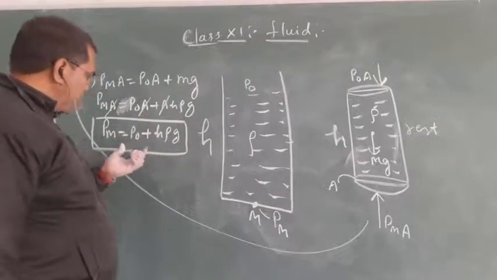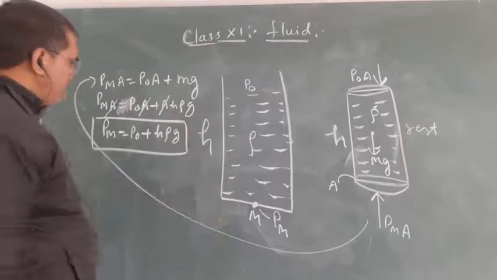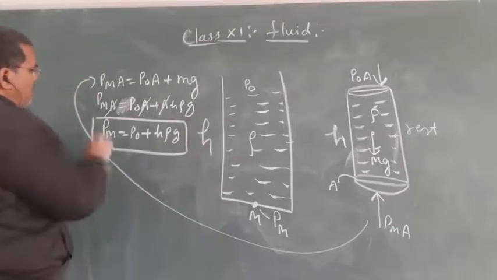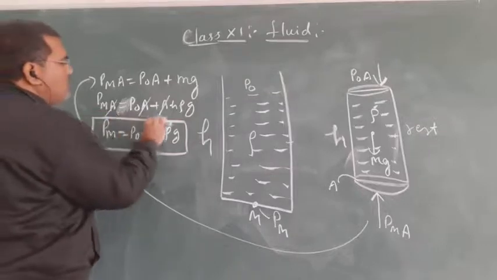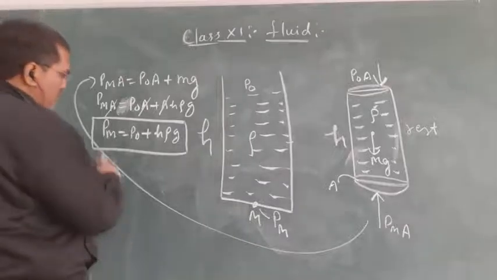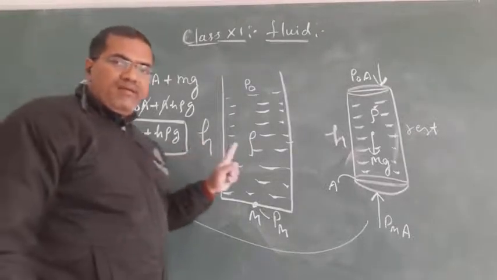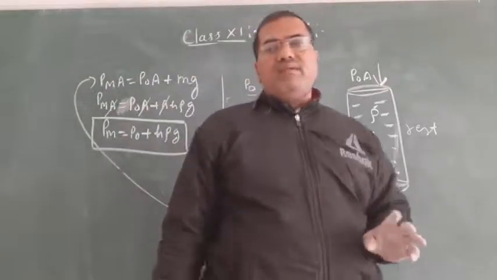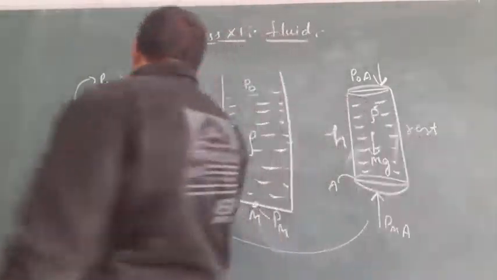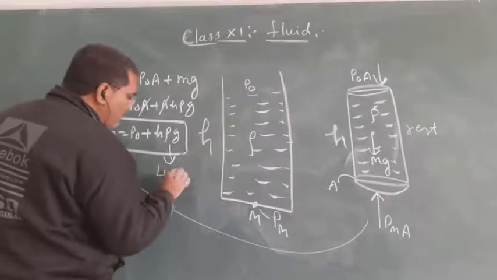This is the pressure at the bottom of the liquid. This is atmospheric pressure and this is the pressure by the liquid column in the downward direction. So h rho g is the pressure due to the liquid column.